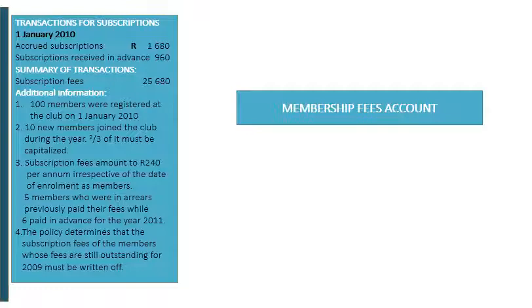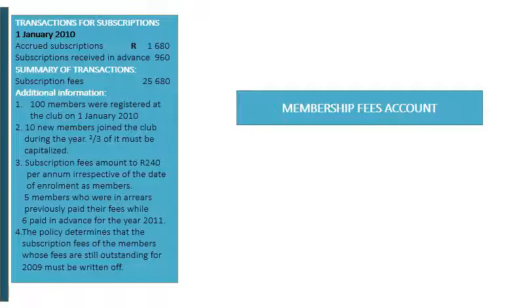25,680. Under additional information, 100 members were registered at the beginning of the financial period 2010. 10 new members joined the club during the year. 2/3 of their entrance fees must be capitalized. Subscription fees amount to 240 per annum per member, irrespective of the date of enrollment as members. 5 members who were in arrears previously paid their fees, while 6 paid in advance for the year 2011.